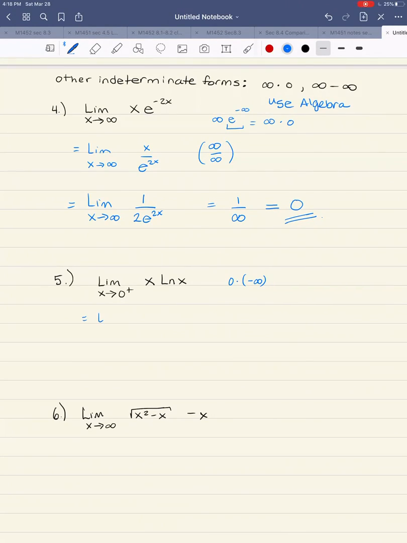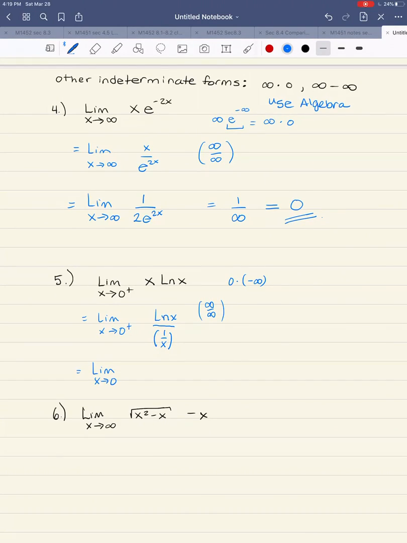I want to put it in the form of either 0 over 0 or infinity over infinity. And here, my trick is to note that multiplying by x is the same as dividing by 1 over x. Right? When you divide by 1 over x, you flip and multiply, and that would give us the original expression. But now I have the form of infinity over infinity, since 1 over 0 becomes infinitely large.